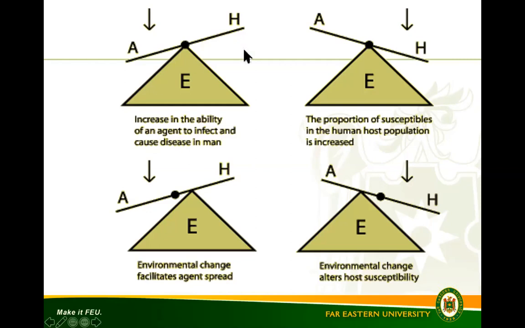The epidemiologic triangle again consists of three components: the host, the agent, and the environment. The model implies that each component must be analyzed and understood for comprehension and prediction of patterns of disease occurrence. A change in any component will alter the existing equilibrium to increase or decrease the frequency of disease.